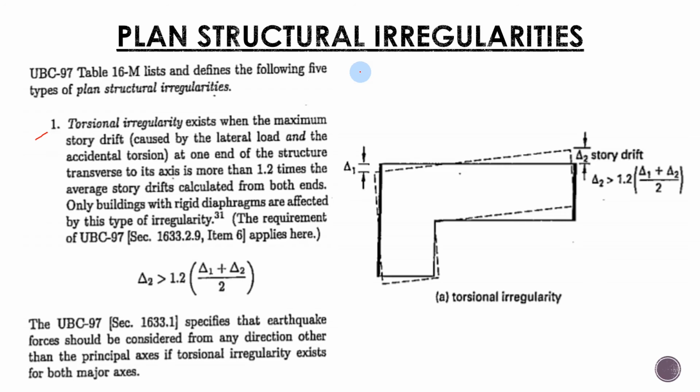The UBC 97 specifies that earthquake forces should be considered from any direction other than the principal axis if torsional irregularity exists for both major axes.